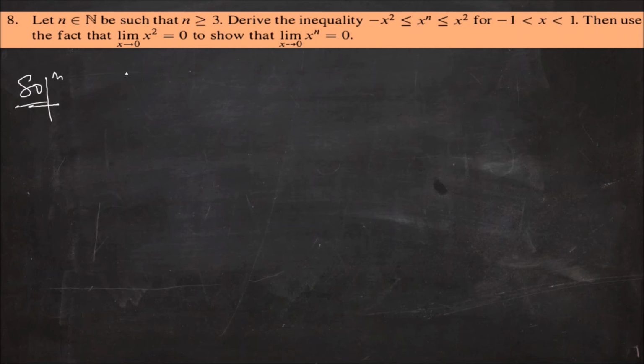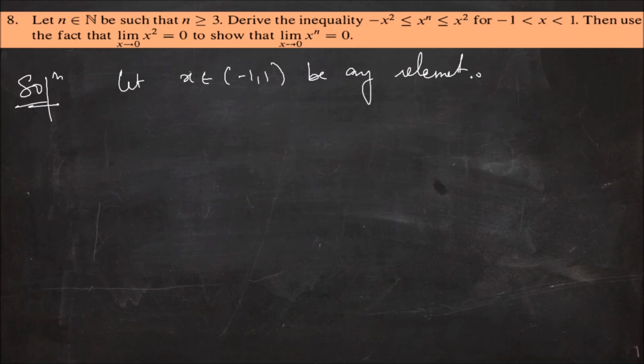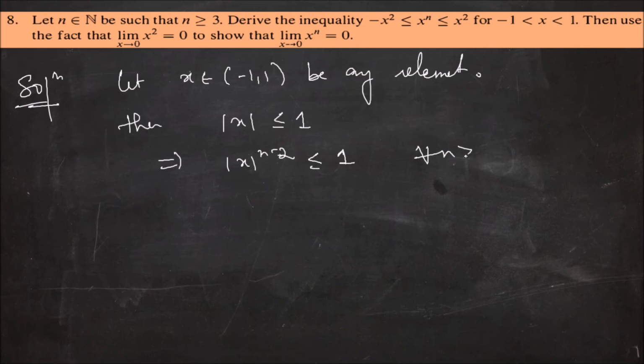So solution, let x belonging to [-1, 1] be any element. So I am taking any element in [-1, 1]. Then |x| is less than equal to 1. So this implies x to the power n minus 2, this is the trick, x to the power n minus 2 is less than equal to 1 for all n greater than equal to 3.